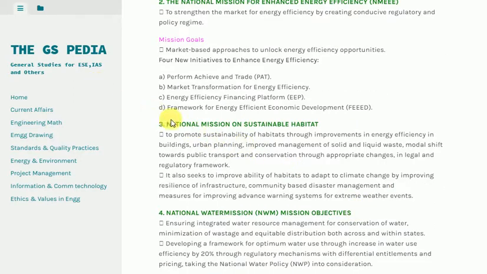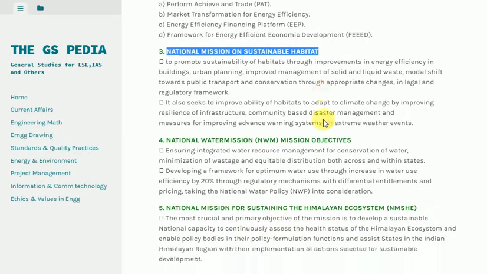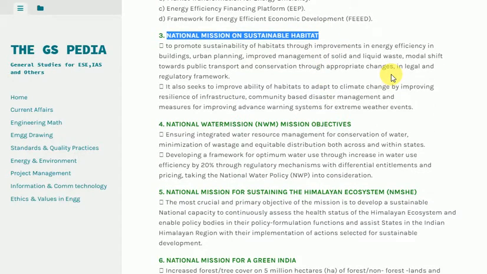To promote sustainability of habitats through improvements in energy efficiency in buildings, urban planning, improved management of solid and liquid waste, modal shift towards public transport and conservation through appropriate changes in legal and regulatory framework.